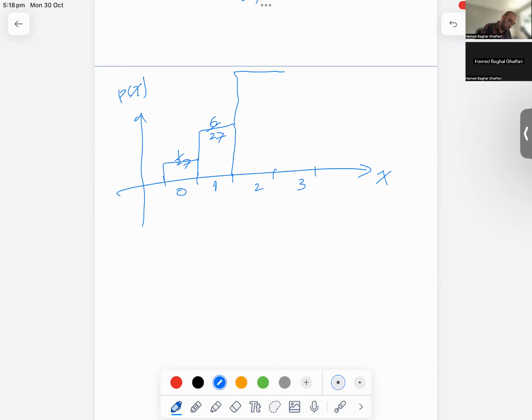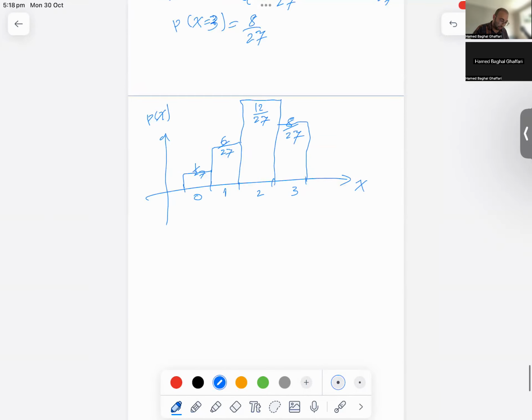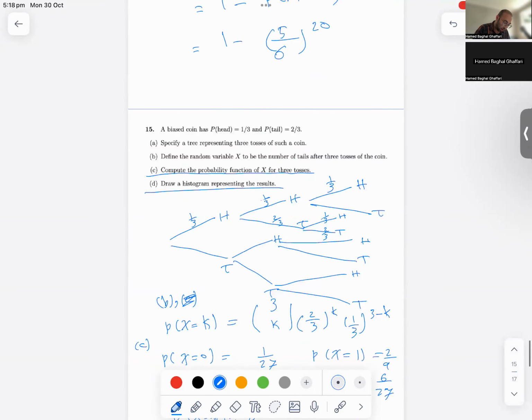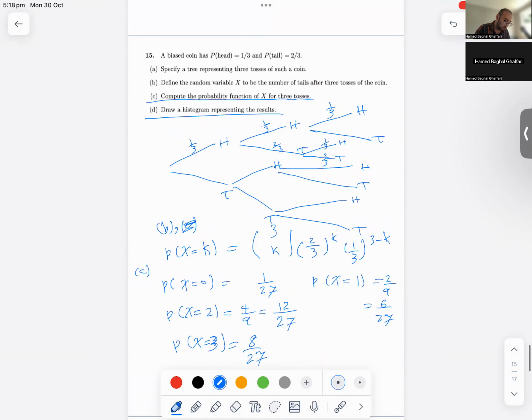This should be twice this one, because it's 12 over 27, and this should be between 6 and 12 because it's 8 over 27. All right, this is the last question, part D, and you see how we are able to solve question 15. All right, I wish you the best in your final exam.